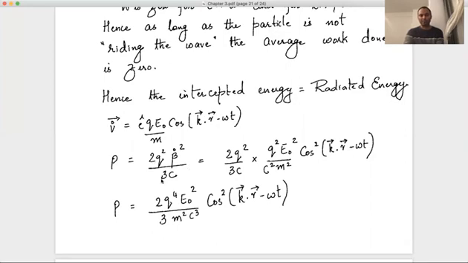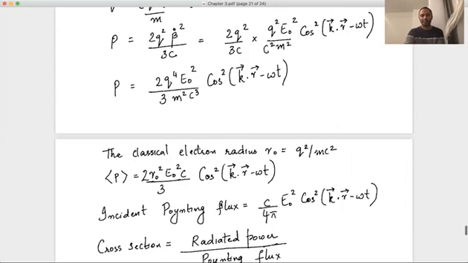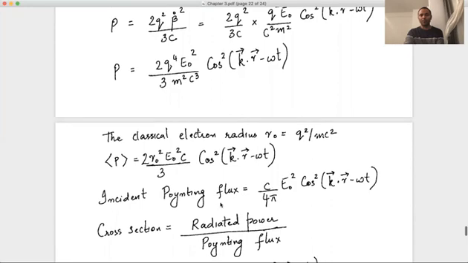So it's 2q squared over 3c times beta dot squared. You just plug in v dot here, and you're done. That's basically the power radiated at any instant of time, right? Now again, I can look at a few terms here, and it's good to define a few terms here.